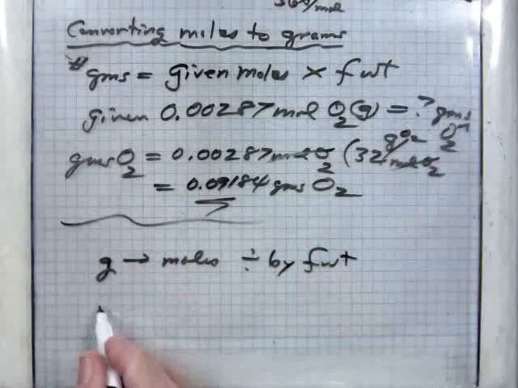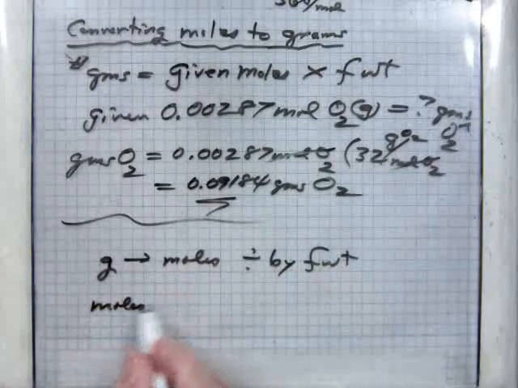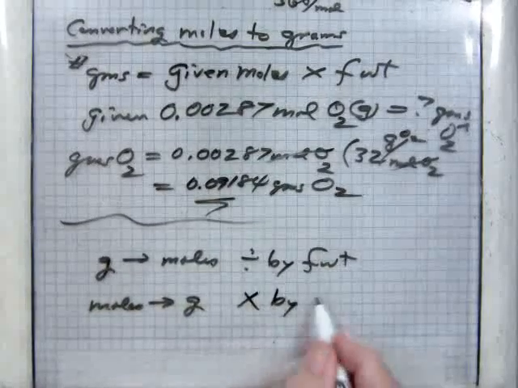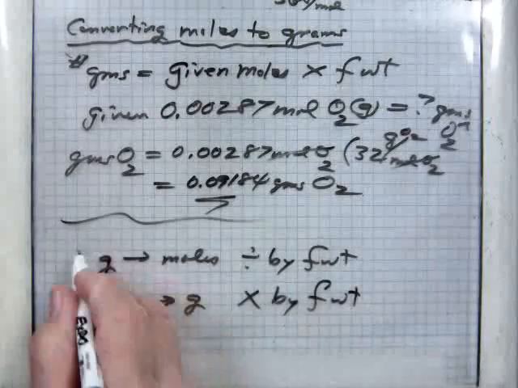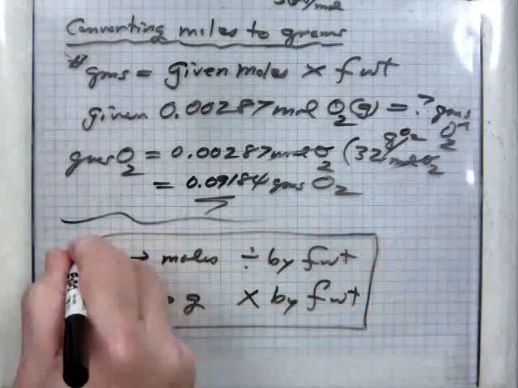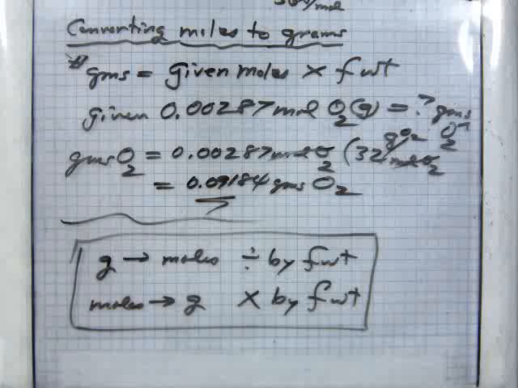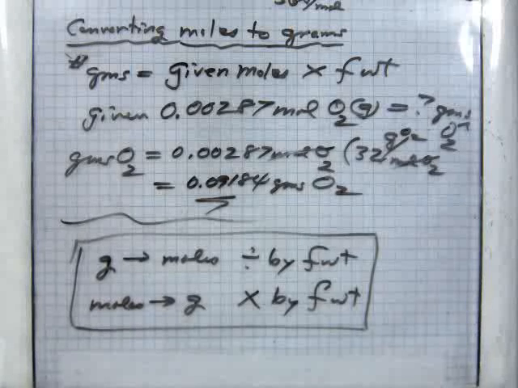If you're going from moles to grams, multiply by formula weight. And get used to that to the point where you can do it instantly. You'll know what to do. Now, you may have to use your calculator, but at least you know what to do to make those conversions.